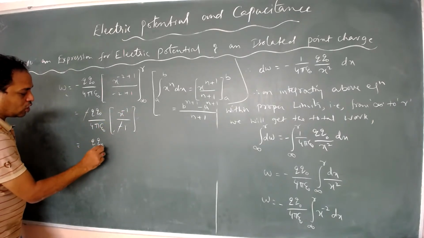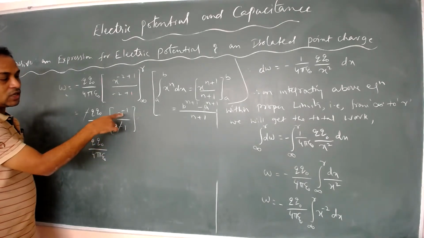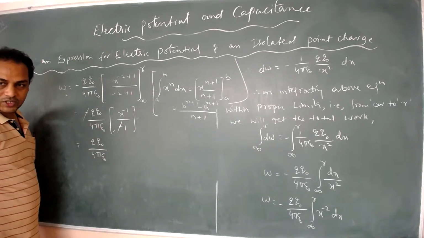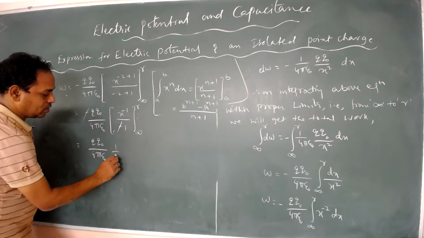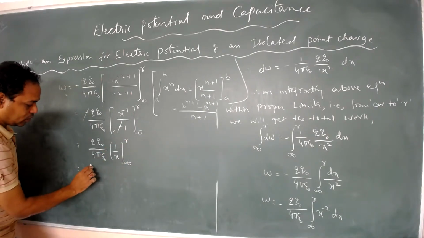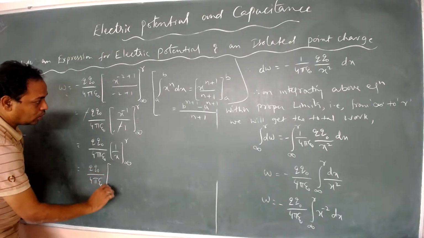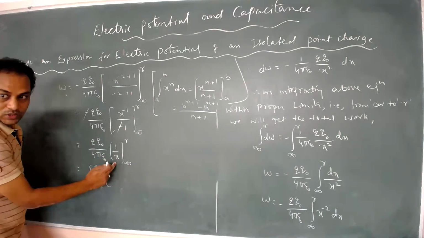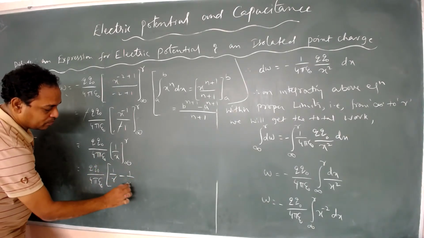Therefore q naught by 4 pi epsilon naught into x power minus 1, which I can write as 1 by x. The limit is from infinity to r. Now I have to substitute the upper limit, that means 1 by r, minus 1 by infinity.